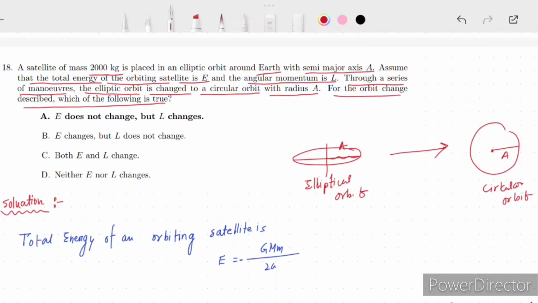We know the total energy of the satellite when it revolves in an elliptical orbit is equal to minus G capital M upon 2a, where a is the semi-major axis.